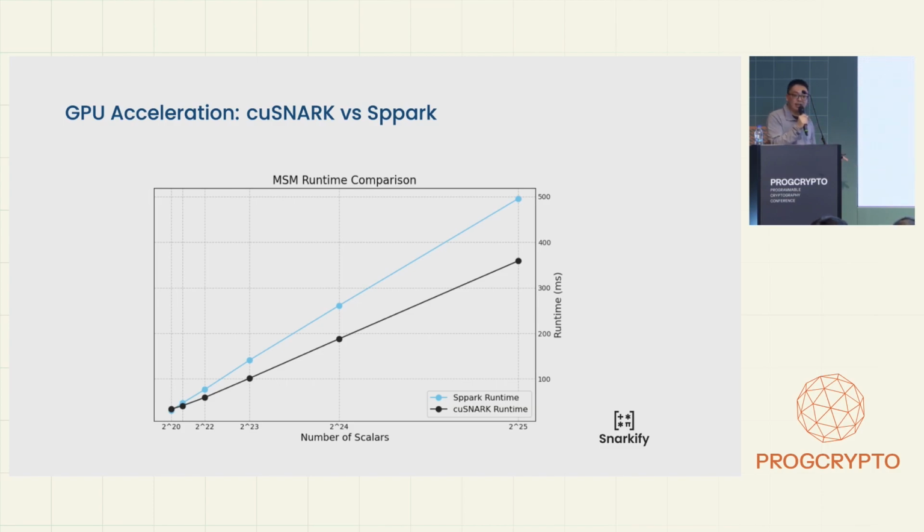We tested on an A40 with 40 gigabytes of VRAM, just one A40 card. As you can see, the x-axis is the number of points for the MSM. When the number of points goes to 2^25, there is about a 38% performance gain for our library. This is our current benchmark, and we will continue to improve it.